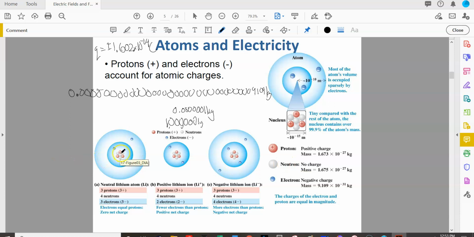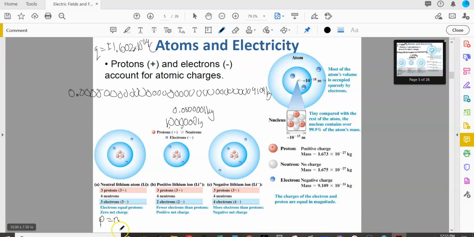So within a lithium nucleus, you have 3 protons, you have 4 neutrons, and you have 3 electrons. If it's a balanced atom, the number of protons is going to be equal to the number of electrons, and the number of protons is going to be equal to the number of neutrons plus 1.